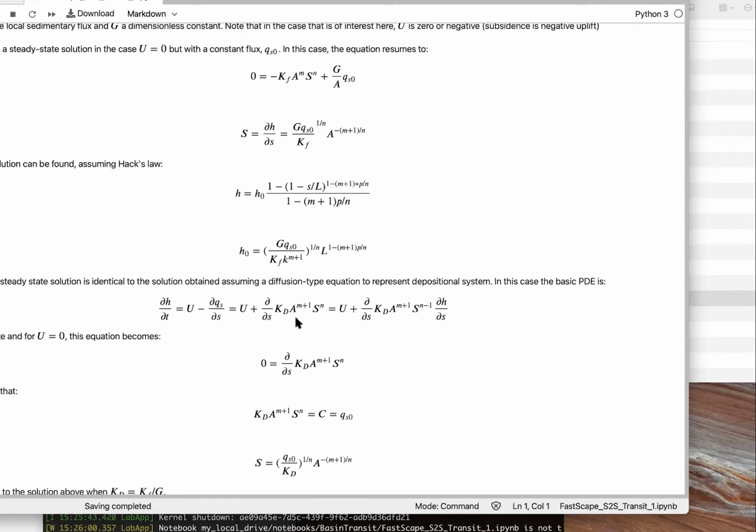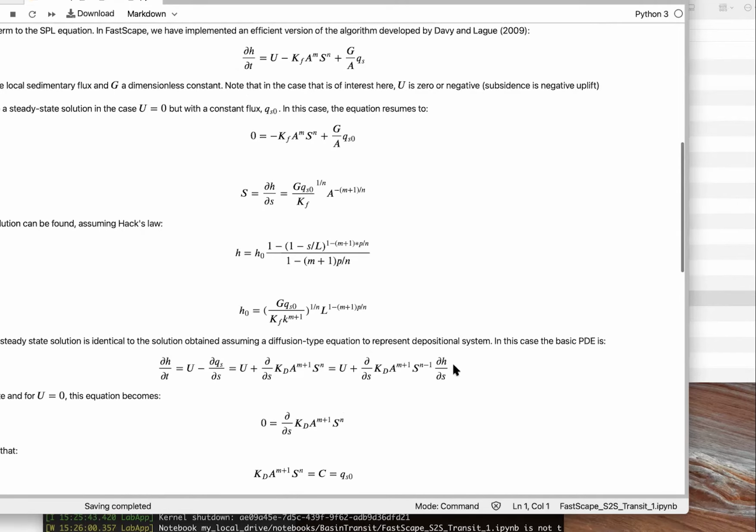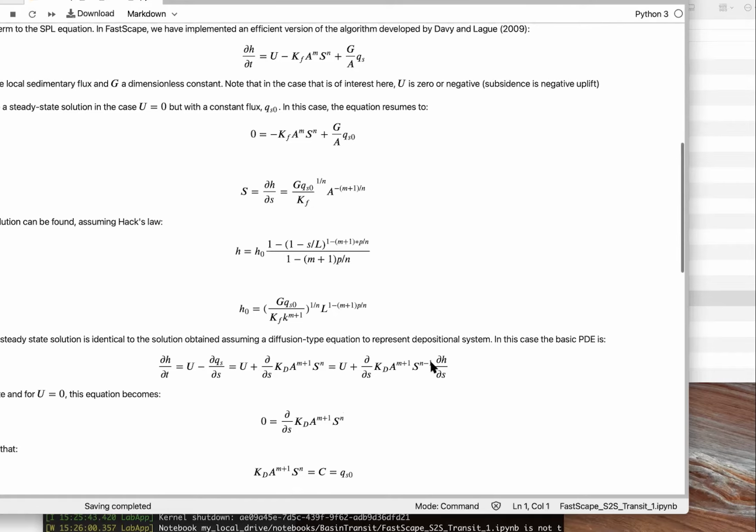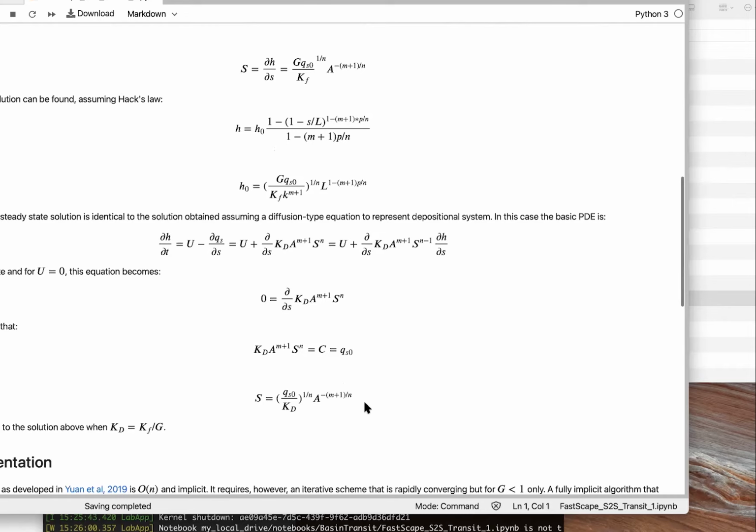Okay, so this is the pure diffusion sedimentologist approach, which is a very different equation from this one. Okay, a very different equation. Nothing to do with this. Yet, when I take it to steady state, I look at the steady state of that. I get this relationship, which gives me this relationship.